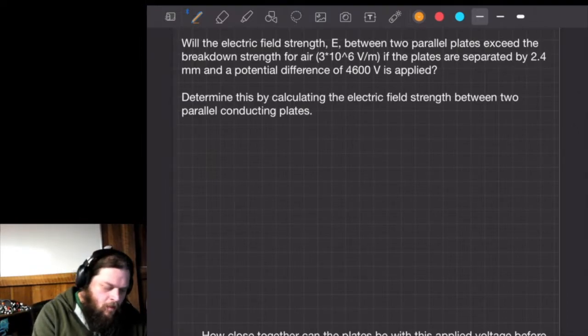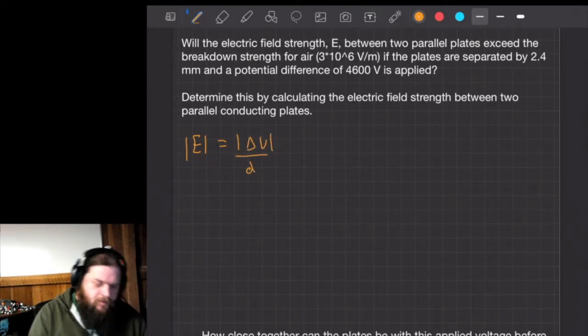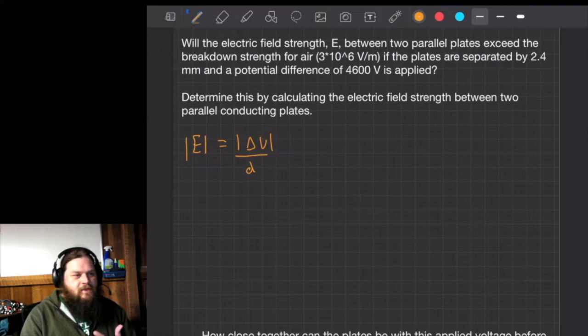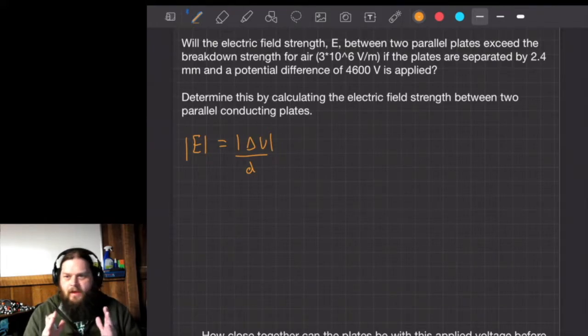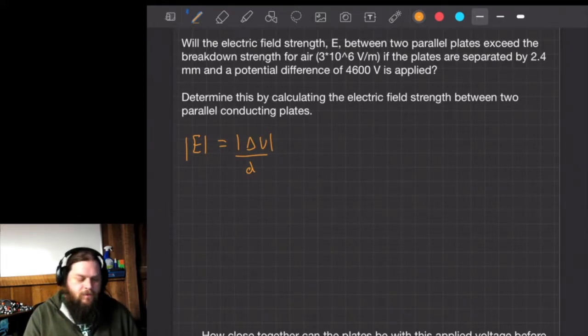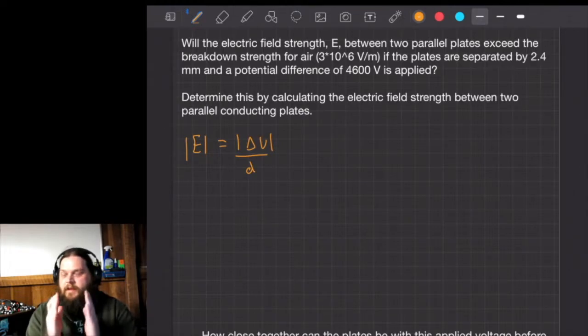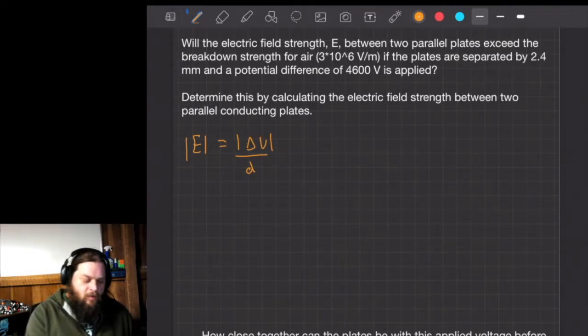One relationship that we have here is that the electric field is equal to the change in voltage over distance, because voltage in this case is the potential difference for electricity to go through there. We can calculate it based on that.